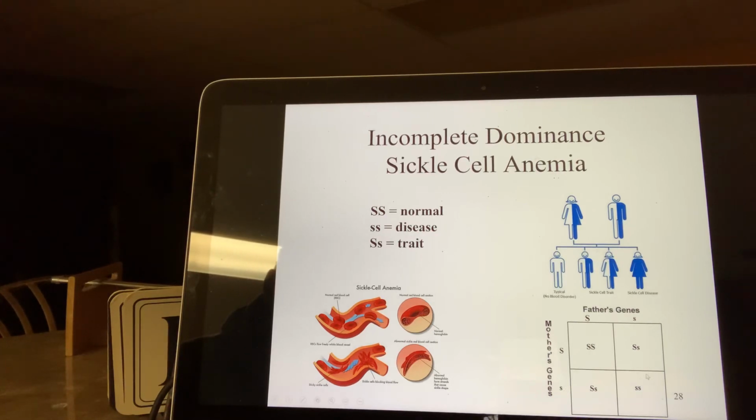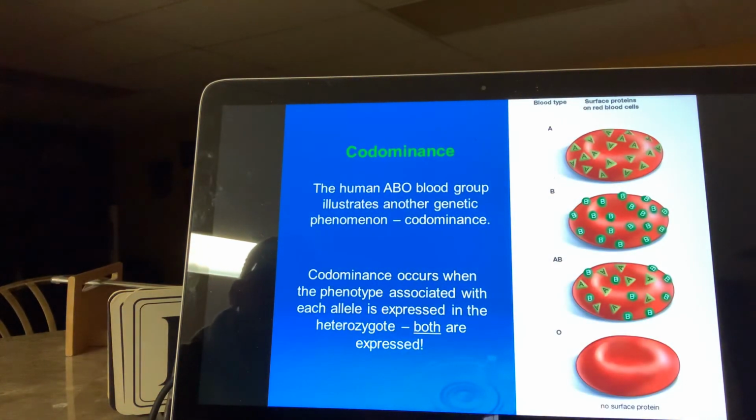You fill out the boxes, and what you get is 25% of their children, one box, are normal, 25% of their children have the disease, and 50% of their children have the trait like mom and dad had. That makes sense.